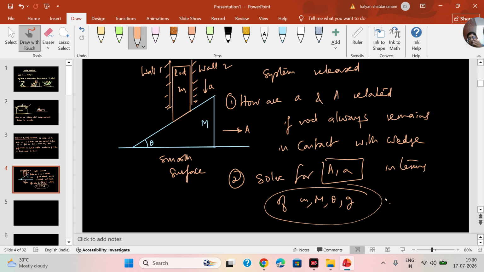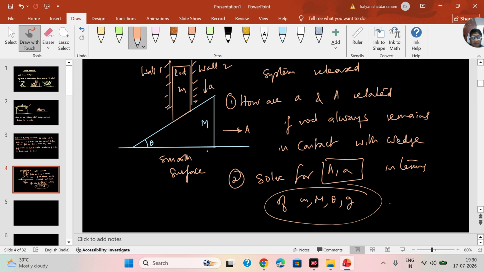That's the more complete, like I did in the end yesterday, right? I gave two blocks with strings and a pulley, and I gave a force, and I said solve the system, get the complete accelerations of both blocks. So I drew the free body diagram, applied Newton's laws, used a string constraint, and then solved all the equations to get the acceleration of both the blocks.